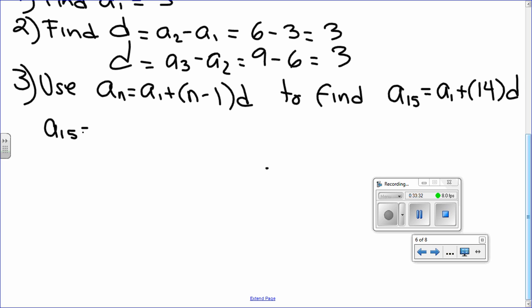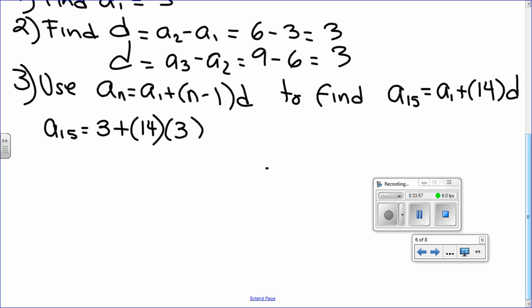So a sub 15 is going to be a sub 1, which is 3, plus the common difference 14 times. Do you guys have a question? Don't be afraid to ask. Should I go up? Are you sure?